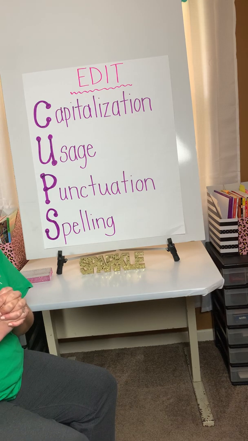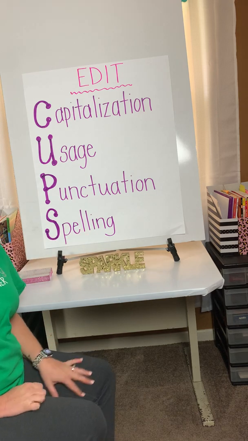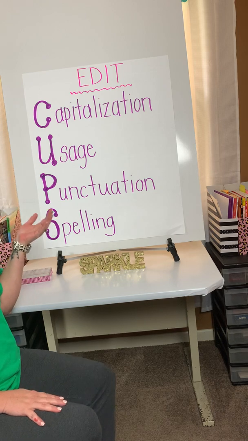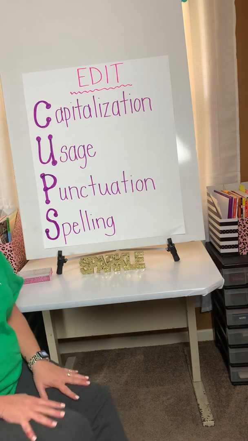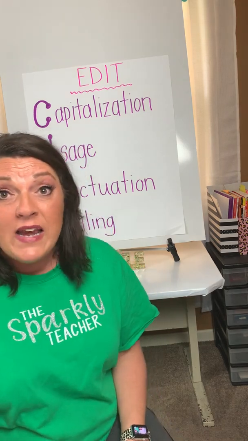So for the spelling piece, you might want to use a dictionary. So that is our revise and edit, and that is just a quick overview of the writing process.